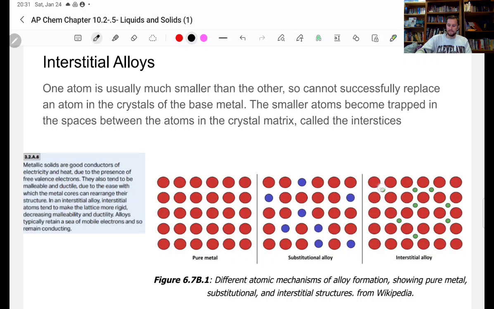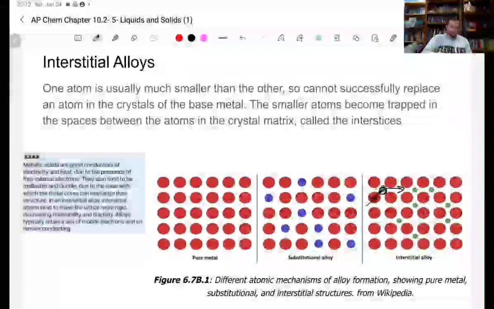My analogy for this is if you're in a crowd of adults and then there's little kids, it makes it really hard to move around because you can't slide past the other adults because there's a little kid there in the way. So this atom, even given lots of force and pressure, would not slide past this other atom very easily because there's an atom in between in the interstitial alloy.